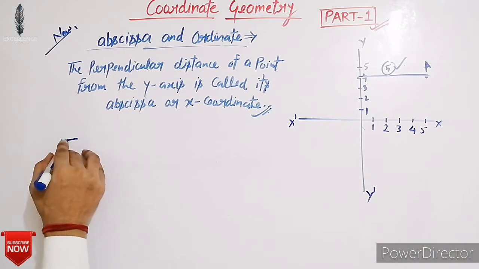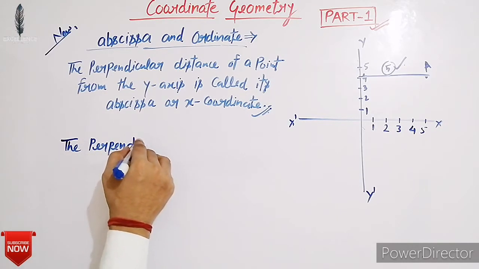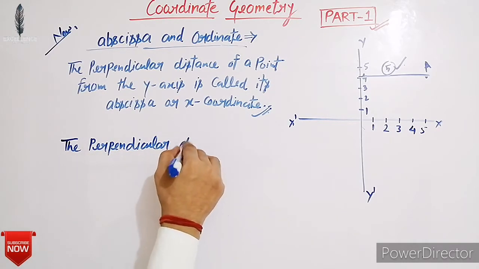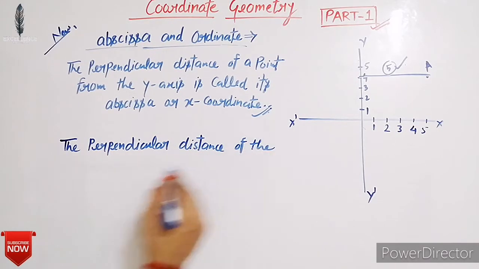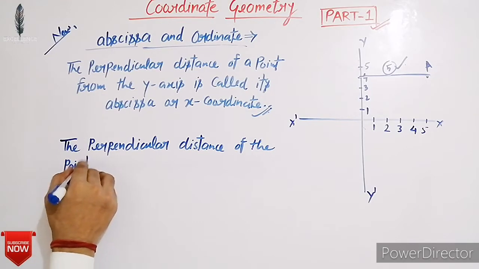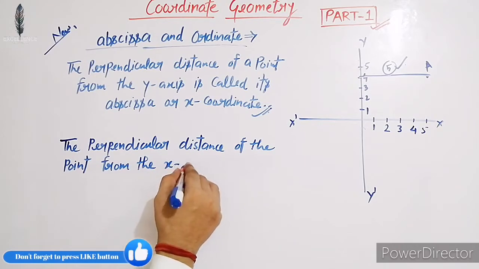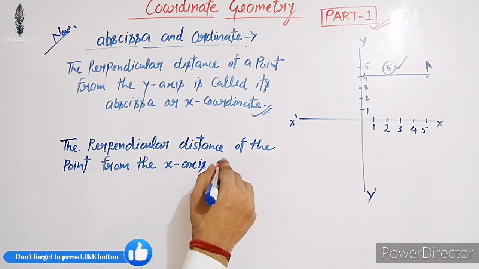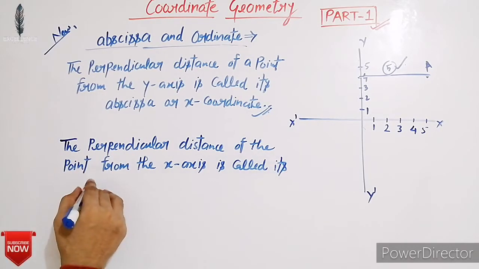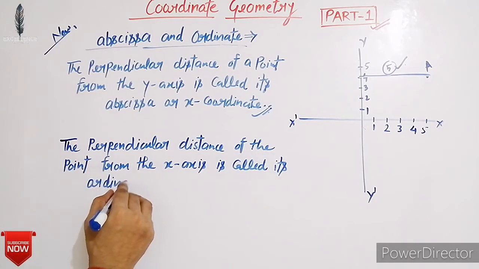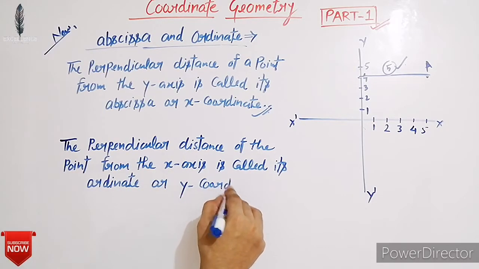Okay, now what is ordinate? The perpendicular distance of the point from the x-axis is called its ordinate or y-coordinate.